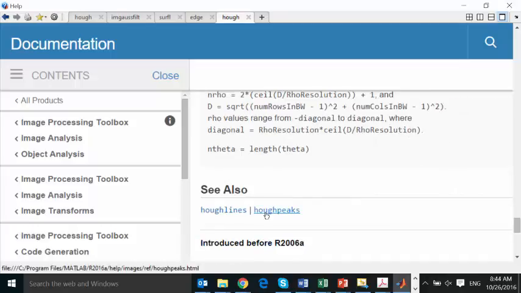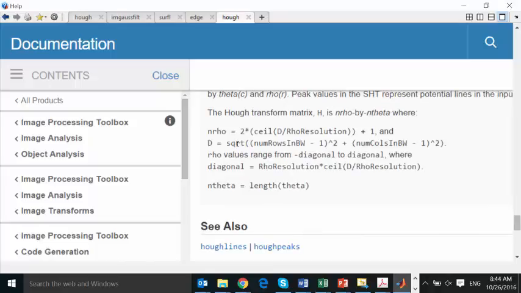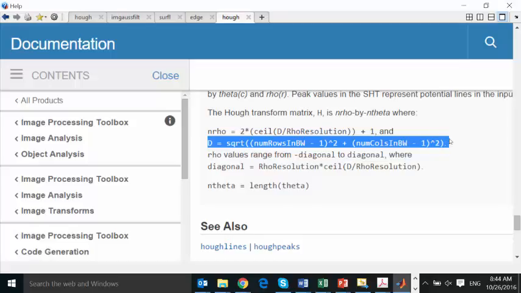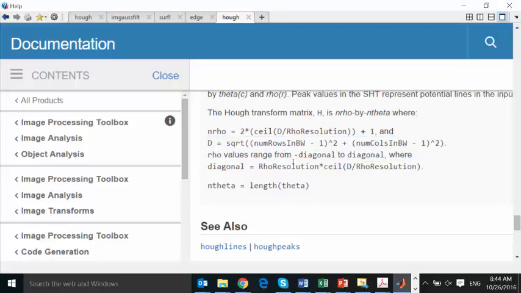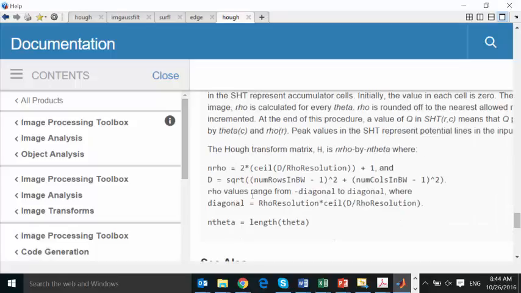And here we have D, which is the square root of the number of rows squared plus number of columns squared, okay? And this value of rho actually changes from negative diagonal to positive diagonal, where the value of diagonal is equal to this value, okay? So actually here, we have certain derivation for all of these things.